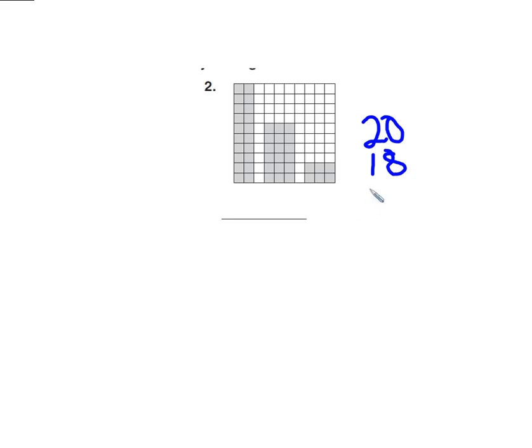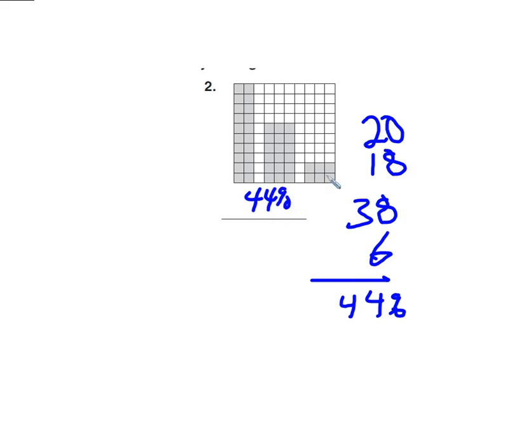So far I have 38, and I have 6 more. So 38 plus 6 more means 44 hundredths, or percent. So this shaded part represents 44%. Each one is 1 per 100. This is 44 per 100, or 44%.